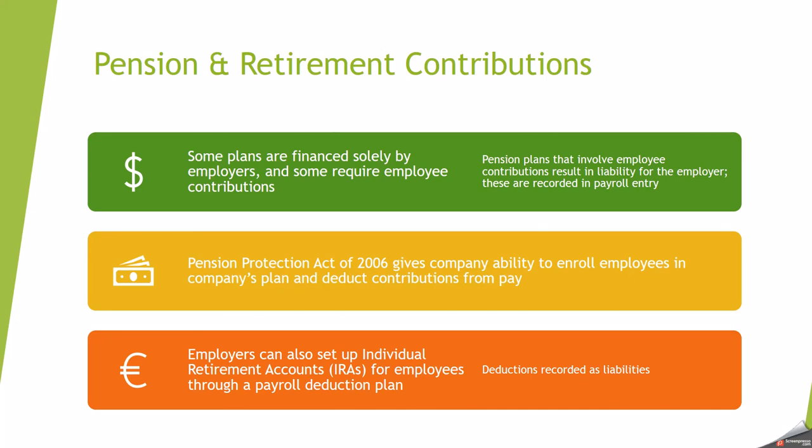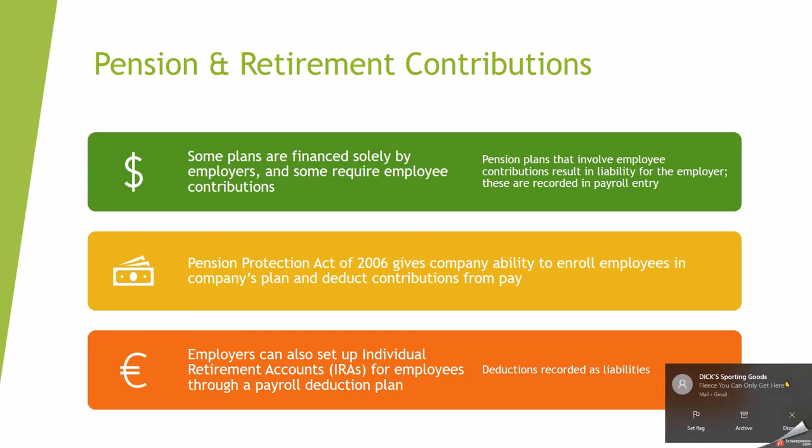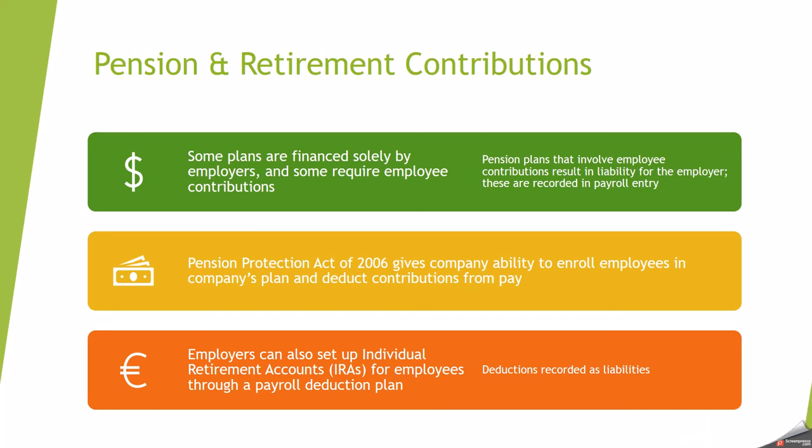And so if you're a smaller company, so that third bullet point, the employer could set up individual retirement accounts for the employees and then take deductions. When I worked at the plastic injection molder, which was a very small company, we did more of a profit sharing type of retirement account.